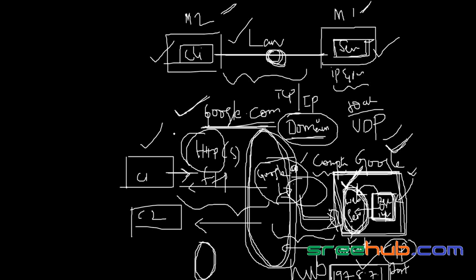This is the protocol which we are going to use. And this HTTP mainly works on TCP/IP, which is a connection-oriented protocol. Why? Because for each and every request you have to get the response. Since it is mandatory that you get the response, obviously we have to go for a connection-oriented protocol, right?